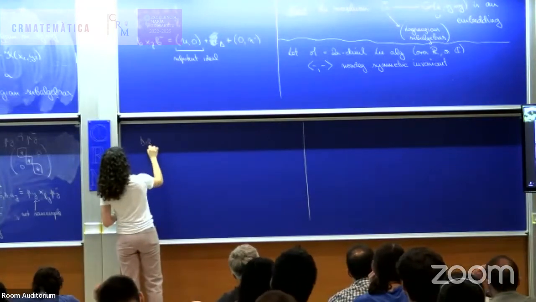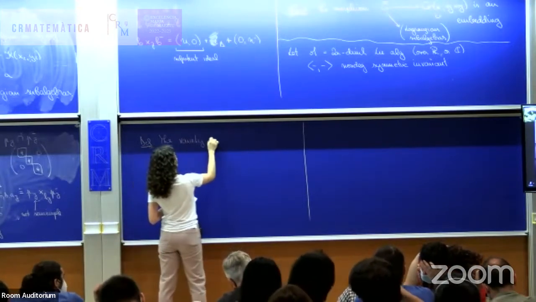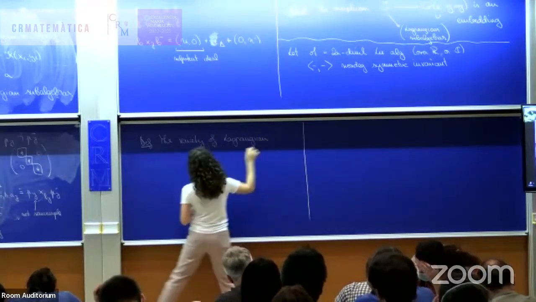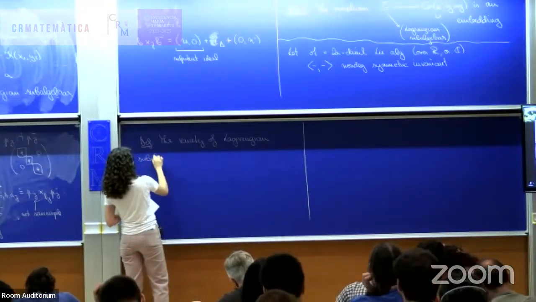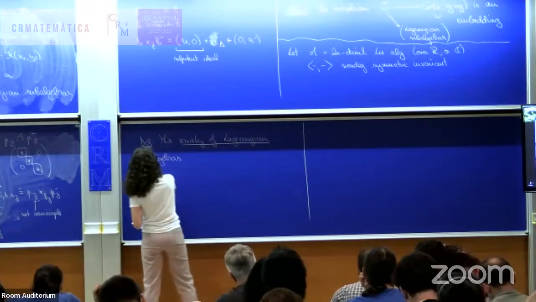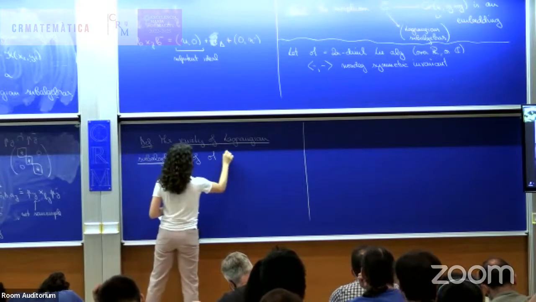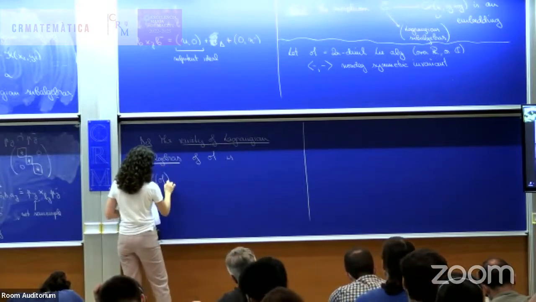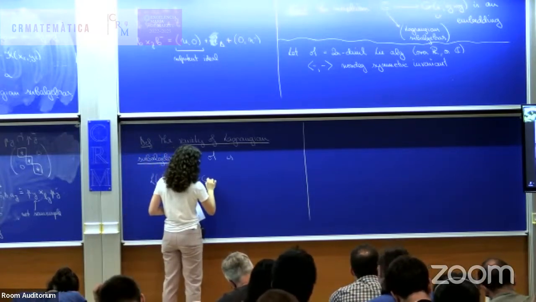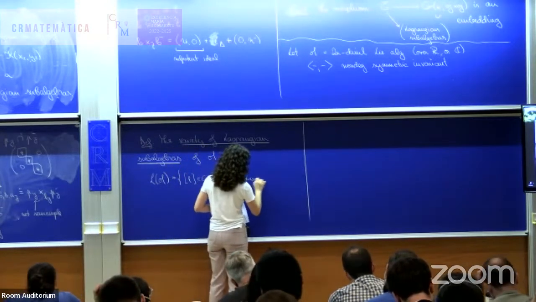And then we have a definition: the variety of Lagrangian subalgebras of D, denoted fancy L of D, is just the points in the Grassmannian that correspond to Lagrangian subalgebras.